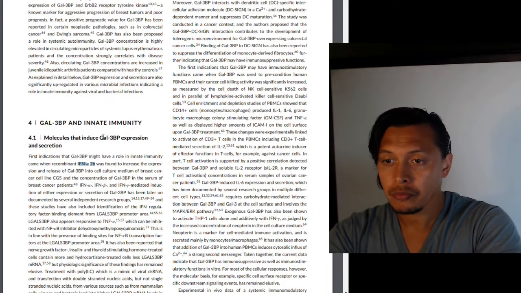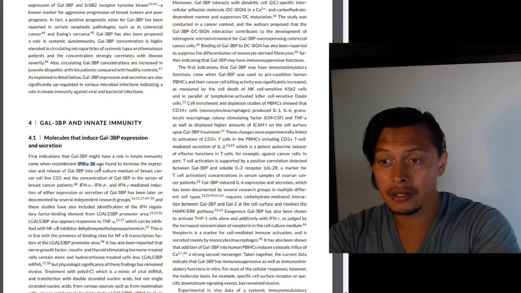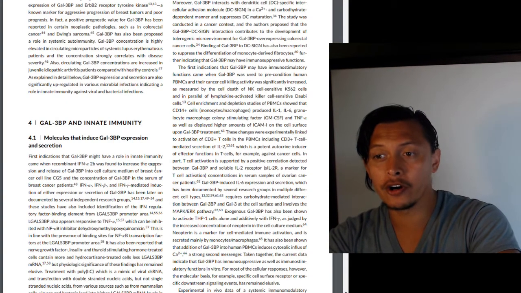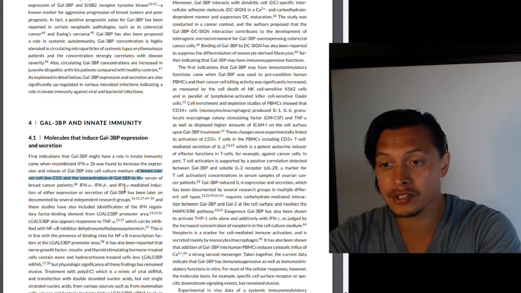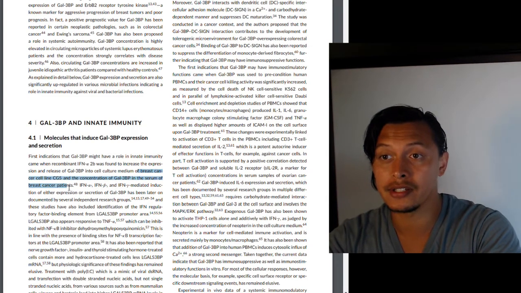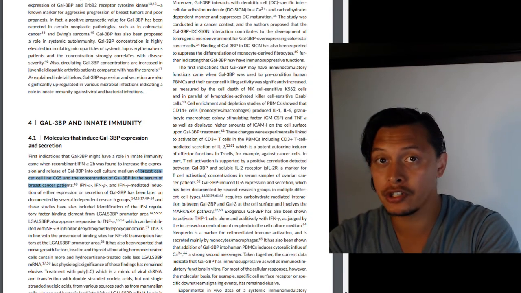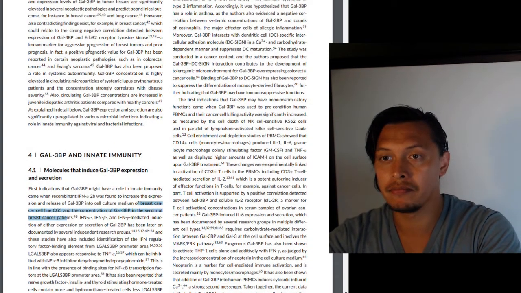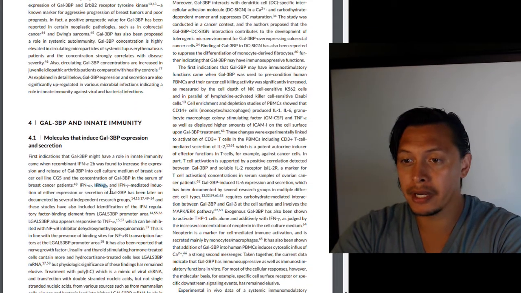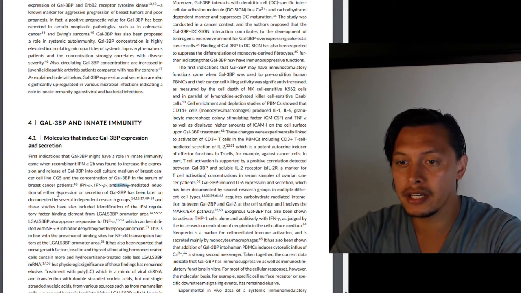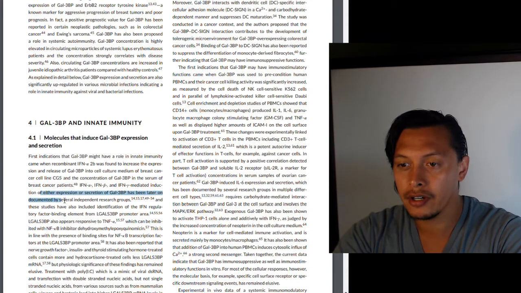So if we add this interferon alpha 2b, it increases the expression of galectin-3 binding protein in these breast cancer cell lines. And remember, these breast cancer cell lines actually produce a little bit too little galectin-3BP.